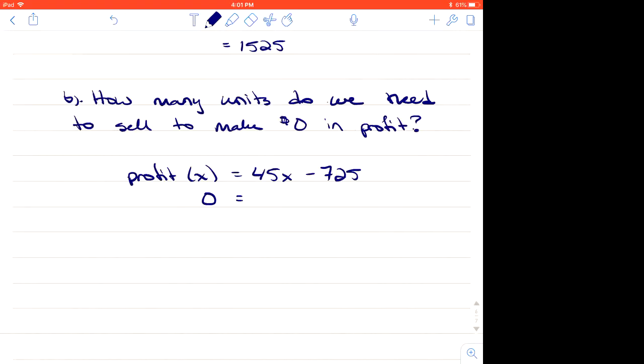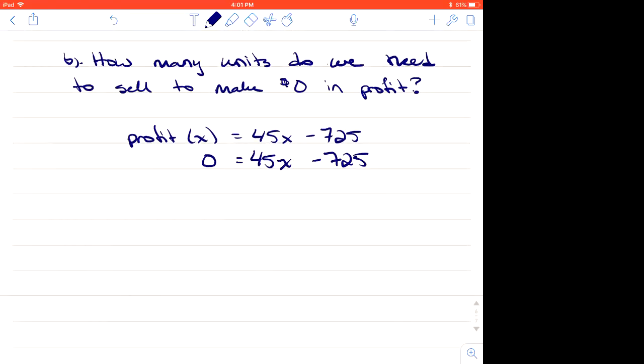Really fun. So setting profit equal to zero, then we can solve for X. So 45X minus 725 equals zero. Solve for X. So we have to add 725 to both sides.